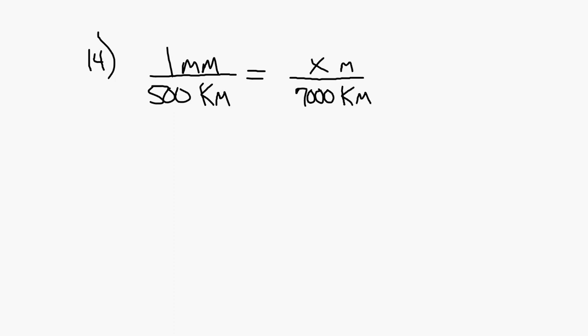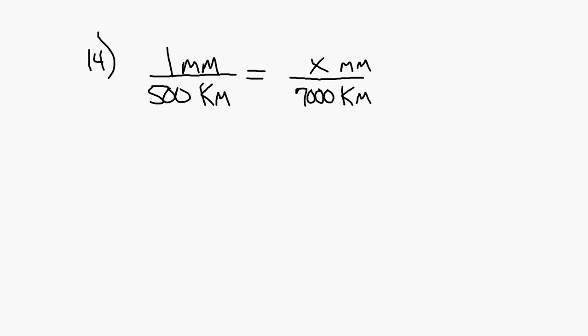For a planet with a diameter of 7,000 kilometers, what should be the diameter of the drawing? Your drawing is in millimeters, so you're looking for x millimeters. You're setting up a proportion. If 1 millimeter equals 500 kilometers, how many millimeters equals 7,000 kilometers?